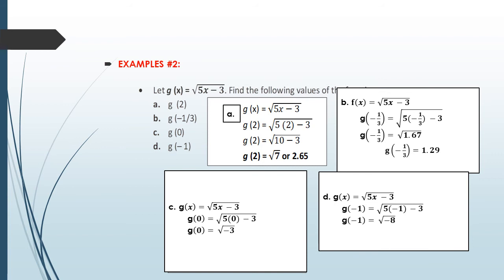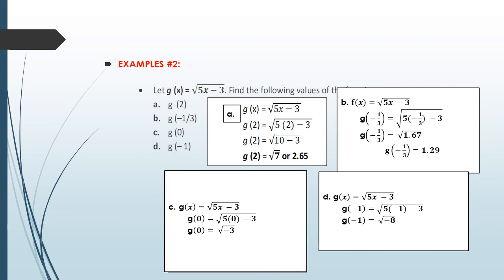Okay, letter A. Ang ating given ay g of x is equal to square root of 5x minus 3. So, ang ating isa-substitute ngayon, yun po yung positive 2. So, g of 2 is equal to square root of 5 times 2 minus 3. So, syempre class, ang unang uunahin po natin ay yung nasa loob ng square root.